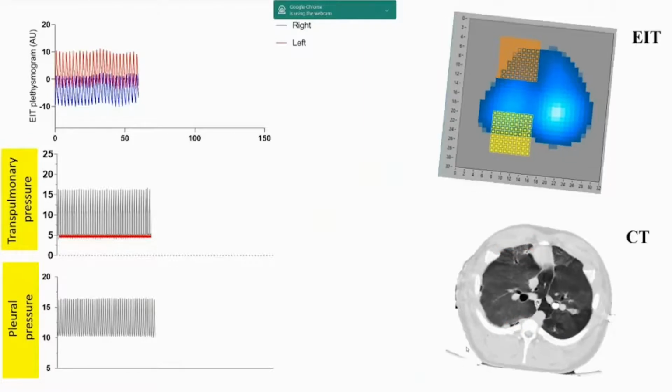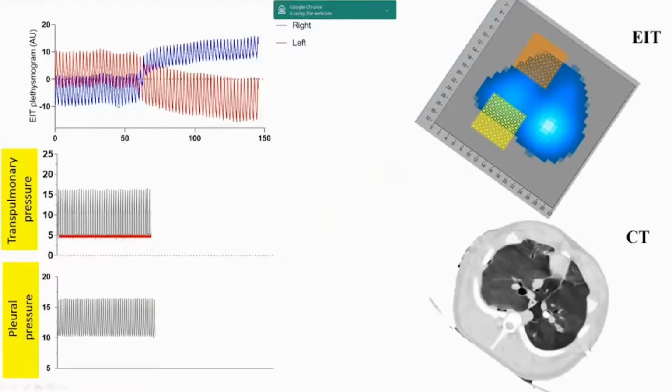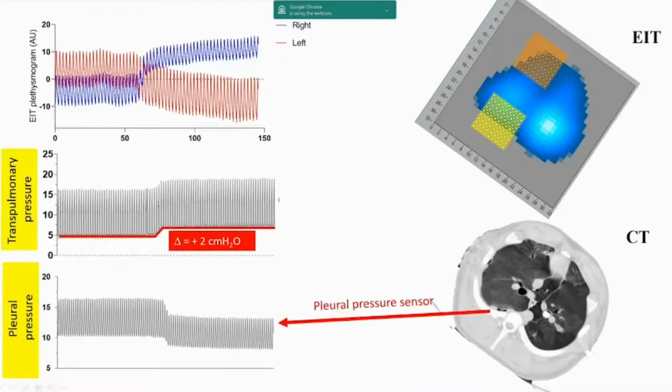So when we tilt the animal, the right lung increased the FRC because there was an increment in lung volume, but the left lung decreased the FRC, as you can see here. So there is an increase in pleural pressures and a decrease in transpulmonary pressures, and as a result, lung volumes decreased. Let's see what happens with our pleural sensors. This is the direct measurement of the pleural sensor.